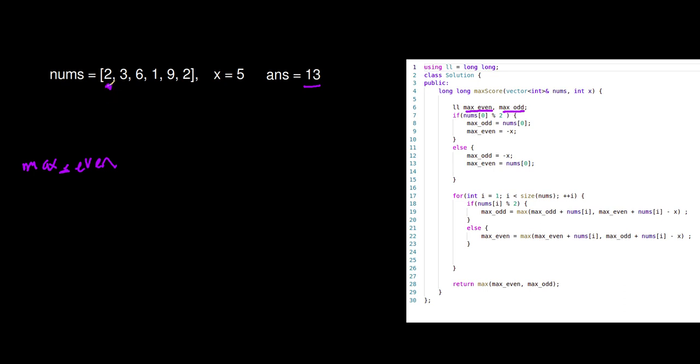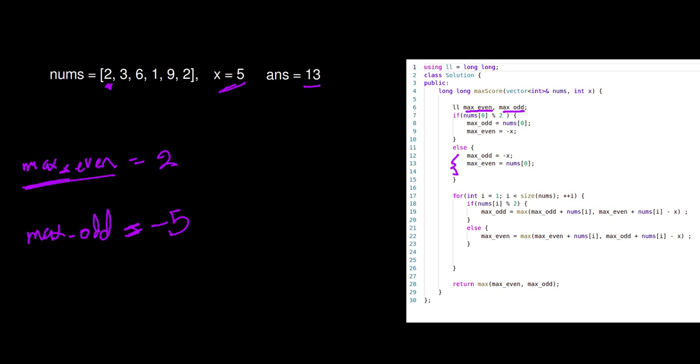In this case it's even, so we put the max even equal 2 and max odd will be the cost, which is minus 5. So this condition will apply in this case.